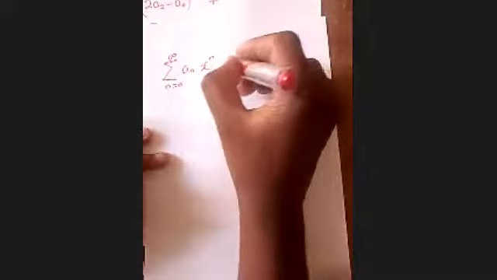The reason is that if you have two series, say the summation from n equals 0 to infinity of a_n x to the n equals the summation from n equals 0 to infinity of b_n x to the n, where x is a variable, then for these two series to be the same, your coefficients have to be the same.